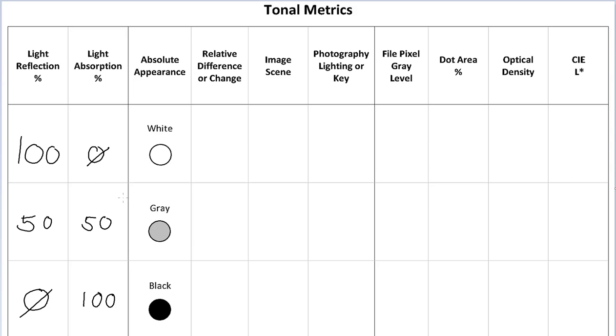So for relative change or difference, we would say that white is lighter, black is darker, and we'll use gray as the reference. Now in an image scene, these would be the highlight.